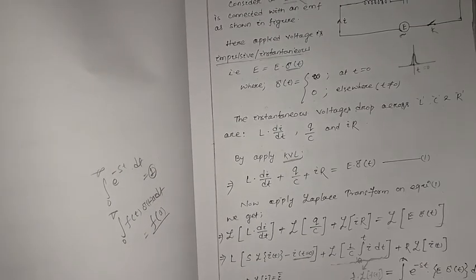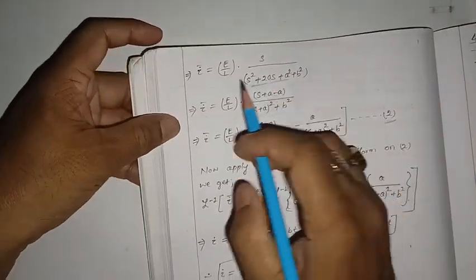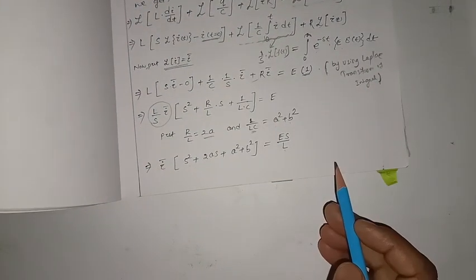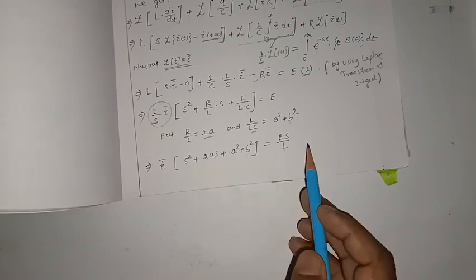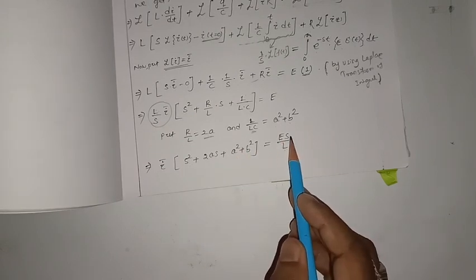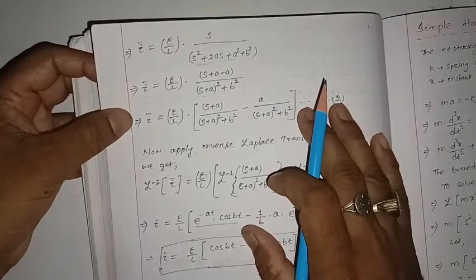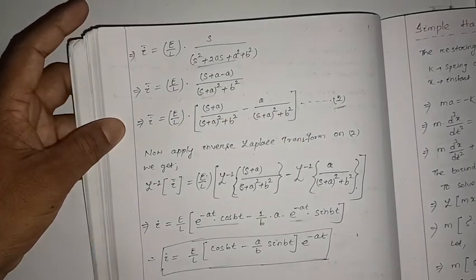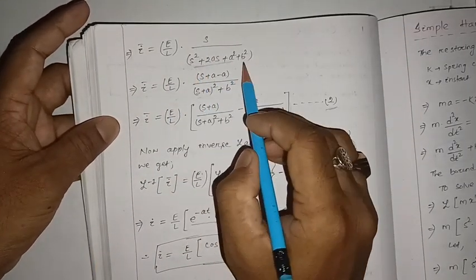Okay. Now I bar will be equal to, this whole term will be divided with RHS, ES by L into this much. Or E by L is the constant written separately, S by this much.